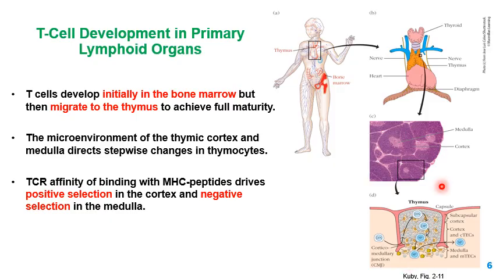So what happens when the developing T cell, which you call a thymocyte, gets to the thymus, it starts going to the cortex, and it starts to be exposed to all different types of testing of the receptor. Okay, so two important things that you have to know here.